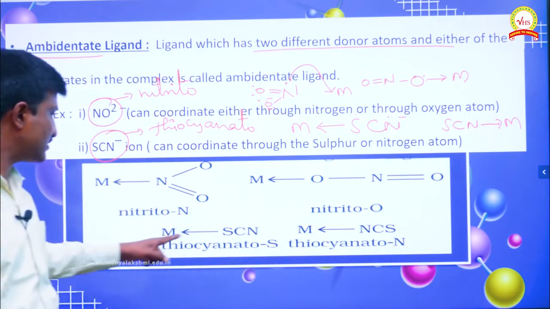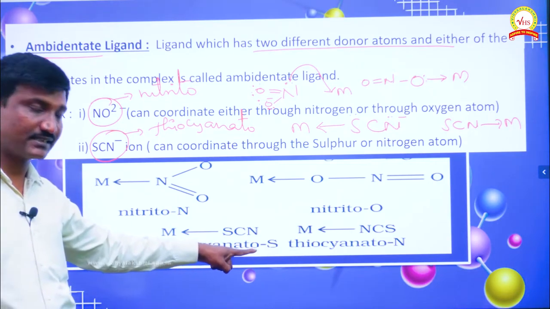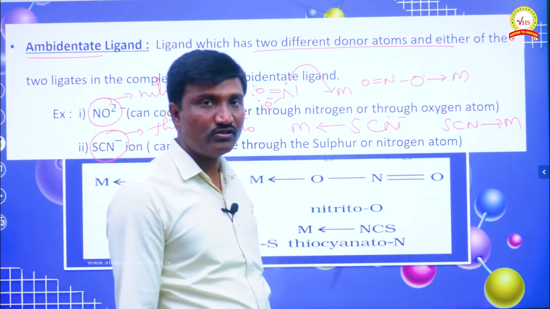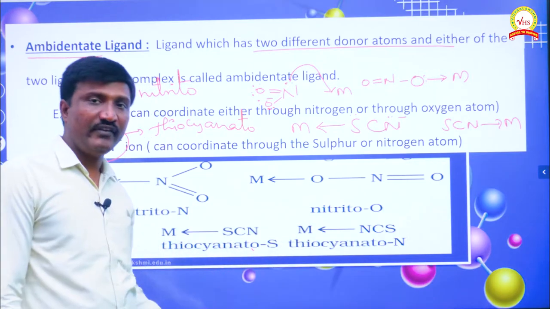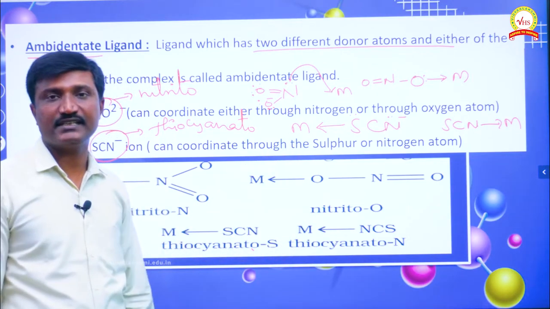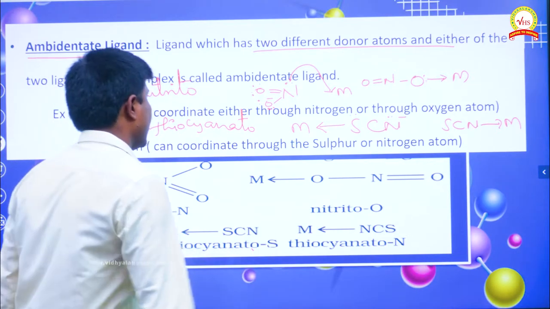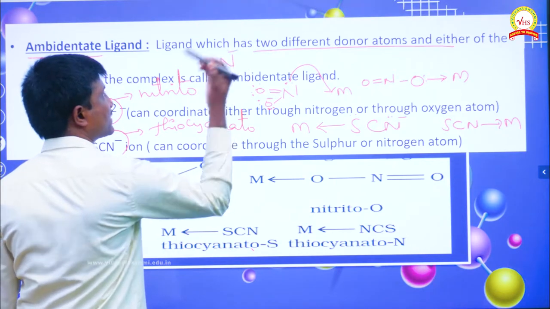If sulfur is binding, we call that thiocyanato-S, and nitrogen binding means thiocyanato-N. Depending on this name, we can say which atom of SCN minus is binding to the metal. Another example of an ambidentate ligand is CN minus.